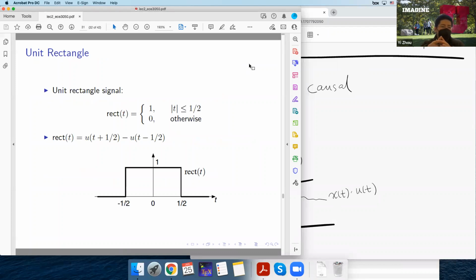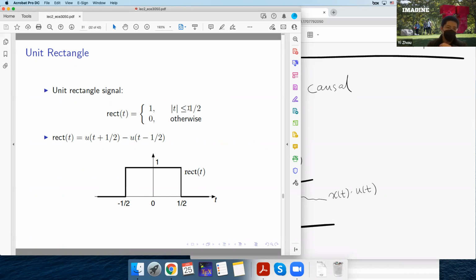The other very special signal is called the unit rectangle signal, which can be created by the previous unit step function. So let's look at this signal. This is the illustration of the signal. The definition is that it looks like a rectangle.